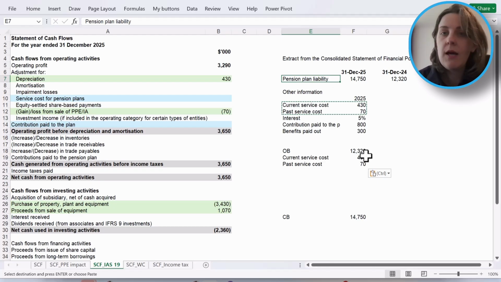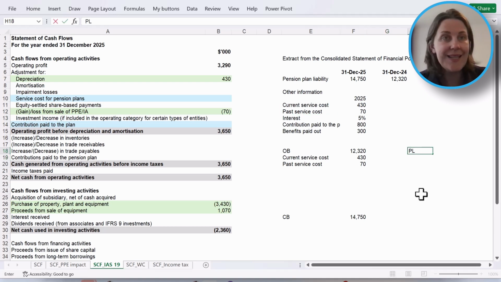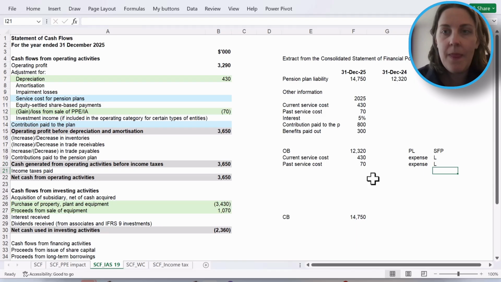We are talking about liability here. So basically the entry is going to increase P&L expense: debit current service cost, debit past service cost. And for the statement of financial position, it's going to be a liability.